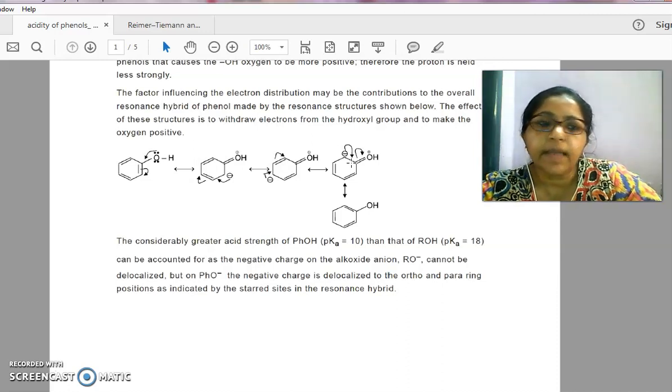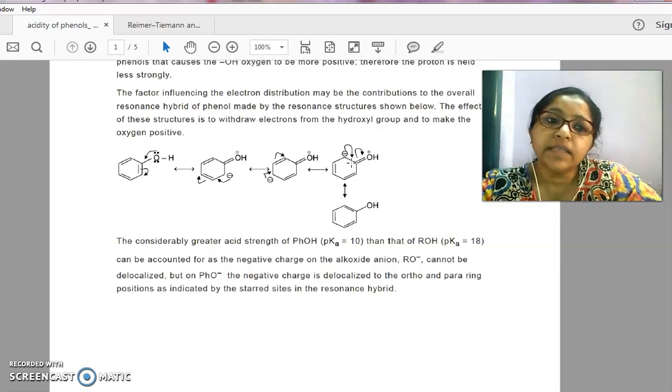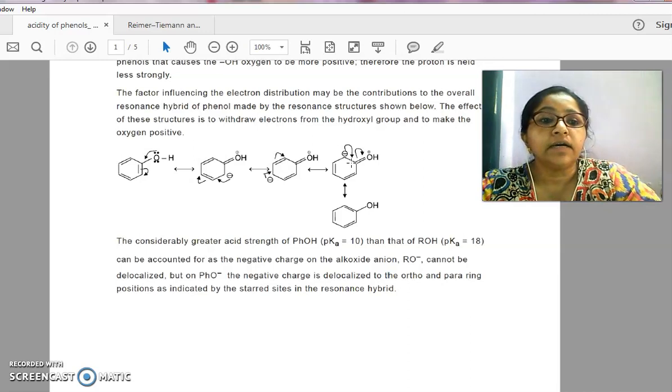It cannot be an electron rich species. It has to be an electron deficit, or you can say Lewis acid. Or where there is an electron deficiency, those types of species or molecules can come and attack. Or you can say the other way, phenol can attack the species which are having electron deficiency.